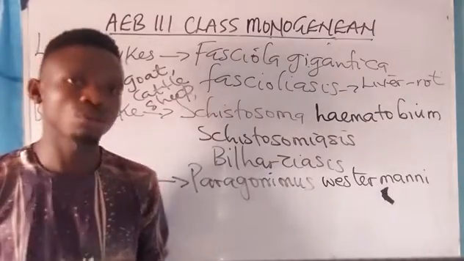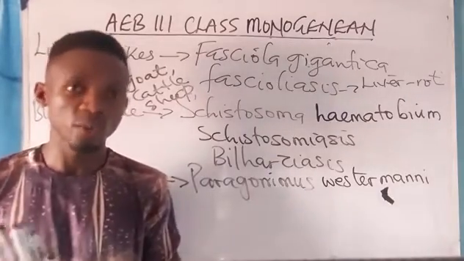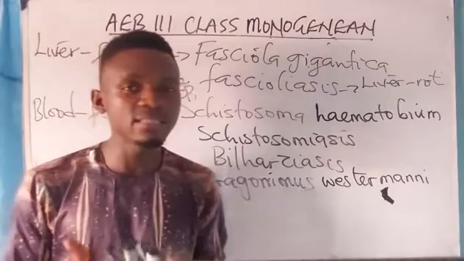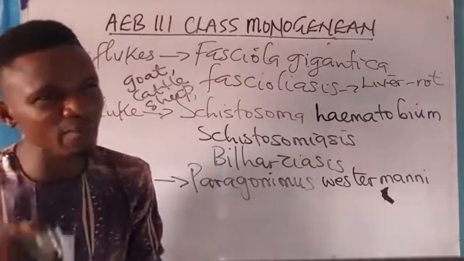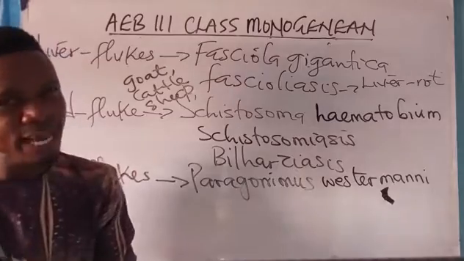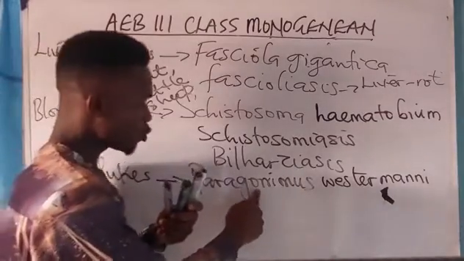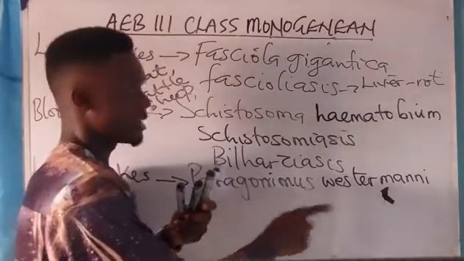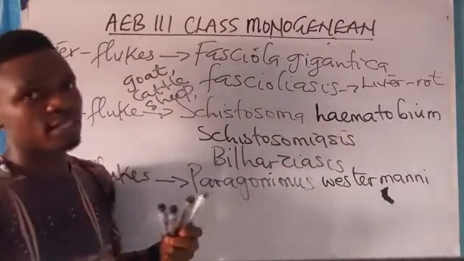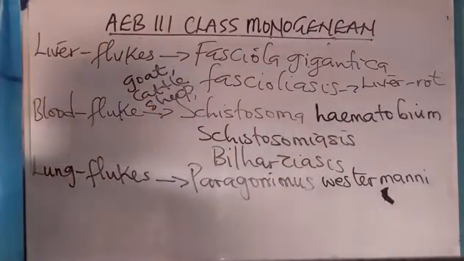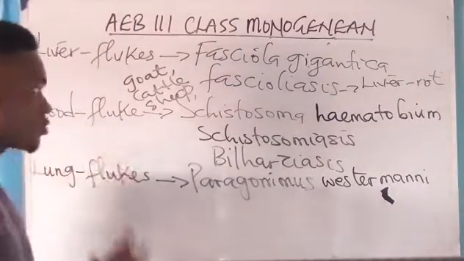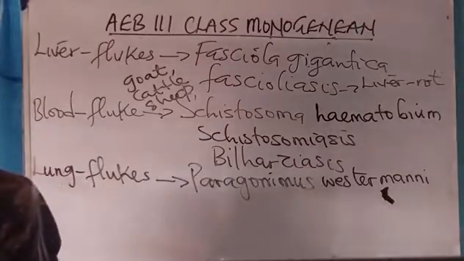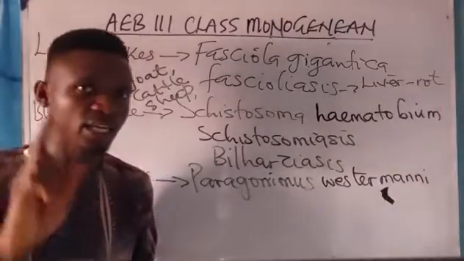You call them Paragonimus westermani, and the disease they cause is called paragonimiasis. So -sis is what? A disease. Take note of that. So these are different species of digenetic flukes. You can also call them trematodes. I believe it is clear enough.